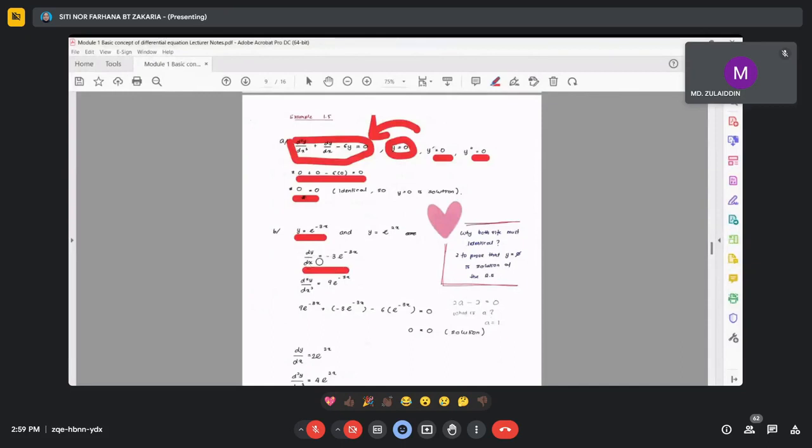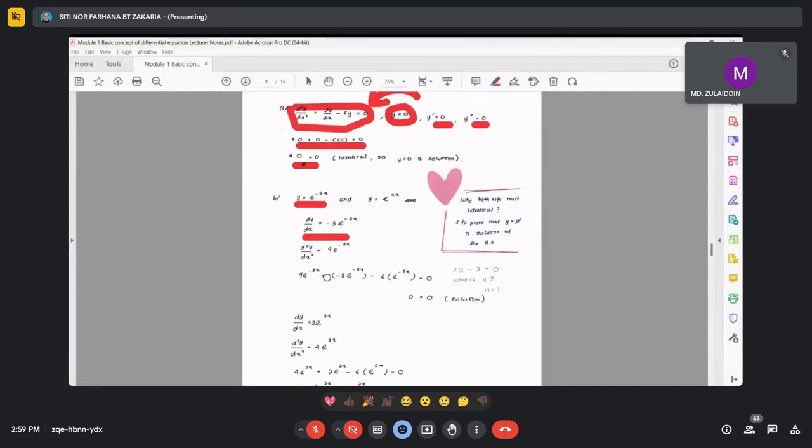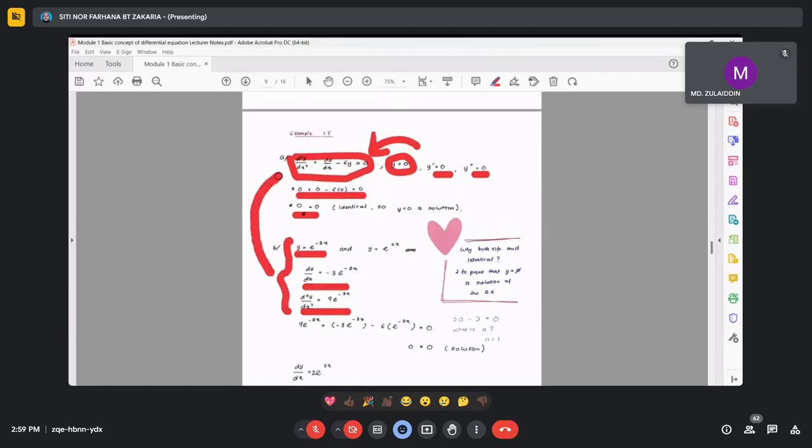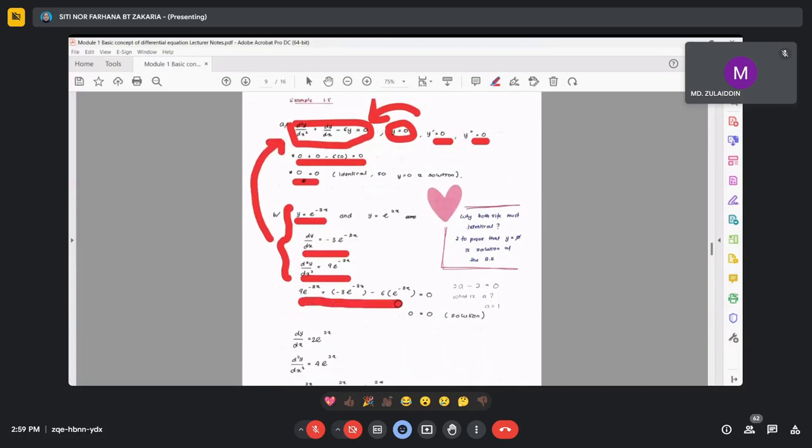So you differentiate, you get dy/dx equals negative 3 exponential negative 3x. Differentiating the second time, you will get 9 exponential negative 3x. After that, you substitute these 3 values into the DE. You get 9 exponential negative 3x plus negative 3 exponential negative 3x minus 6 exponential negative 3x.